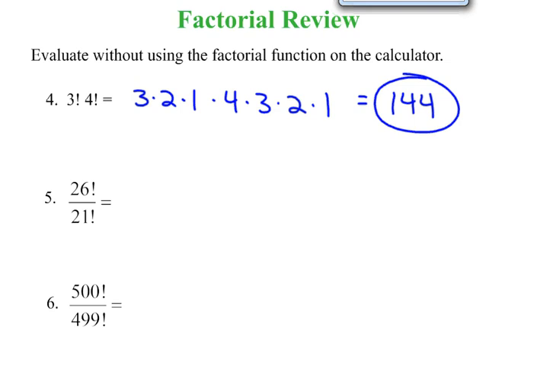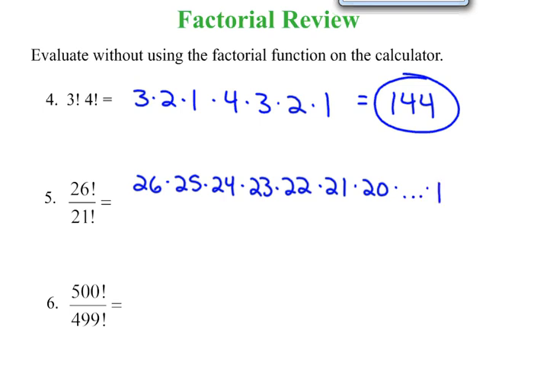We know that that means 26 times 25 times 24 times 23 times 22 times 21 times 20, all the way down to 1. And it's being divided by 21 factorial, which of course would be 21 times 20, all the way down to 1.